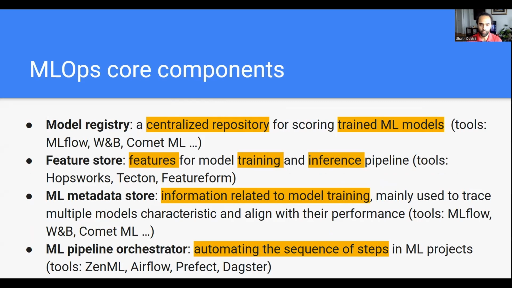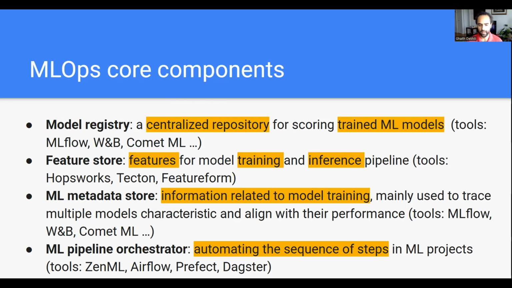New core components come with the new term of MLOps, which are the model registry, a centralized repository for trained models, used to score them and track their performance. Many tools exist. Among them, we cite MLflow, Weights and Biases, and CometML. There is a feature store as well, which holds features used for training or inference.